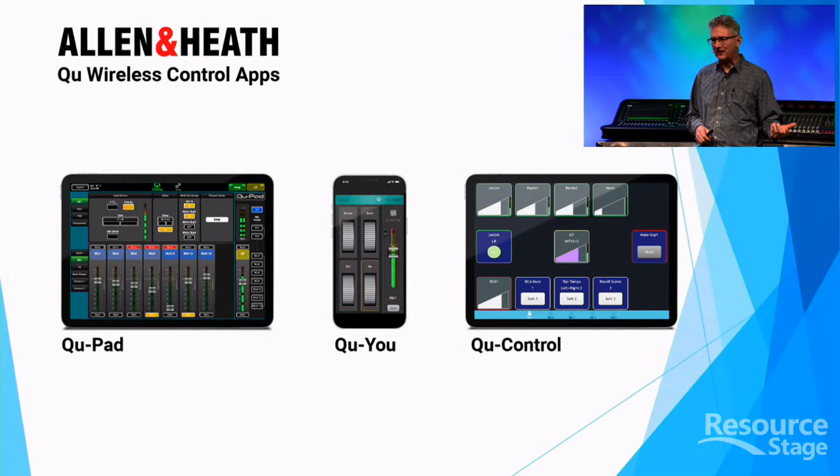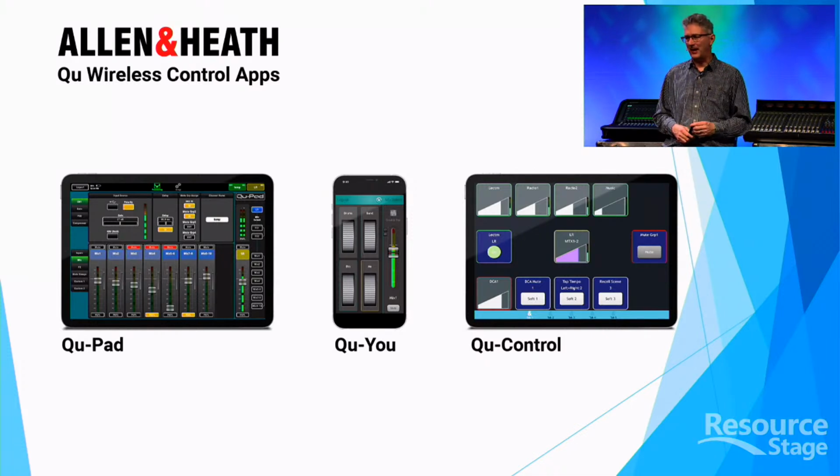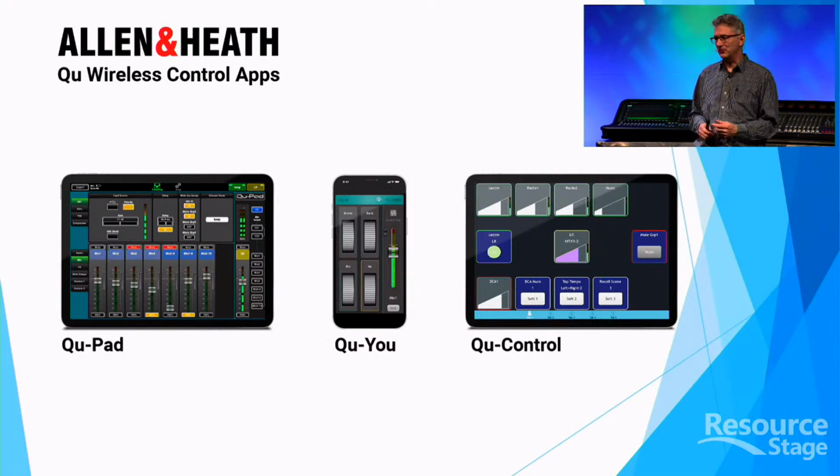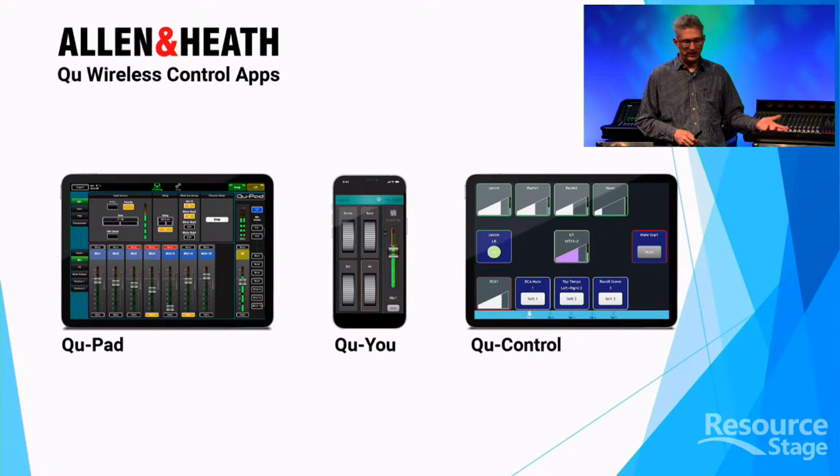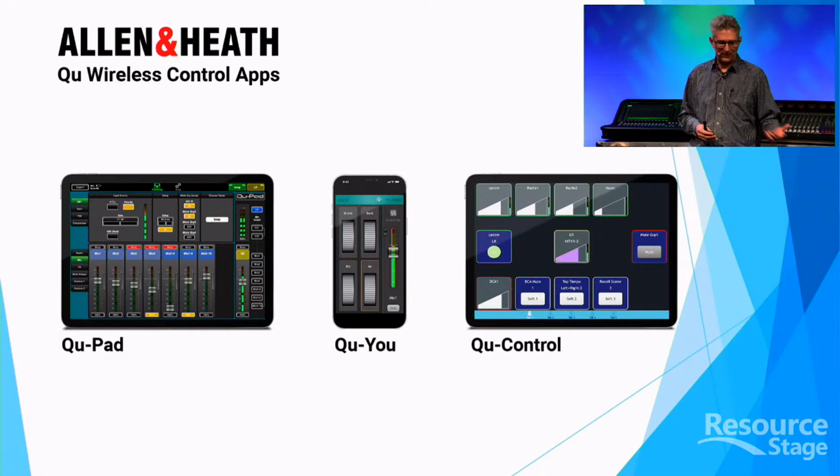These are all connected over Wi-Fi, so you do need to have the QU mixer connected to some sort of a network, whether it's an access point or a wireless router or something like that you can connect to.